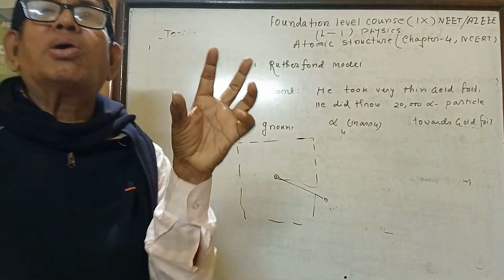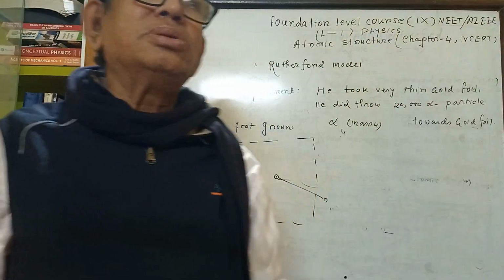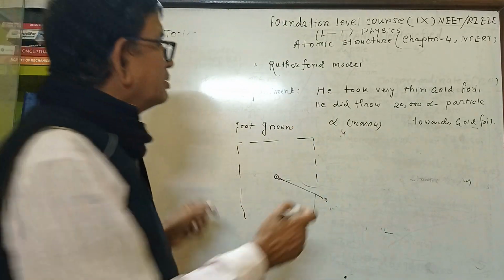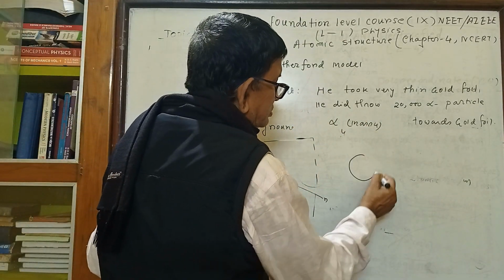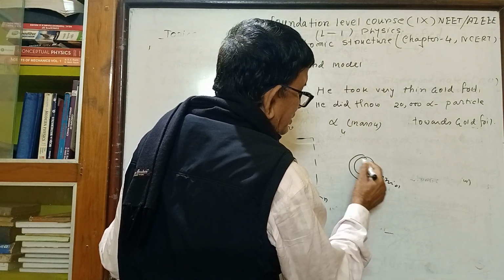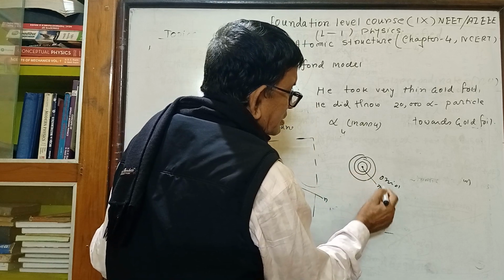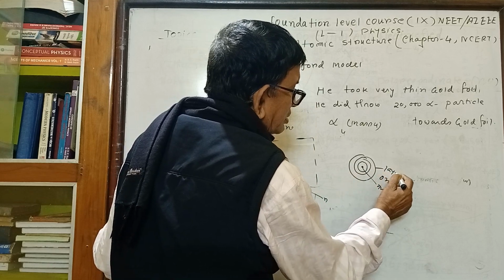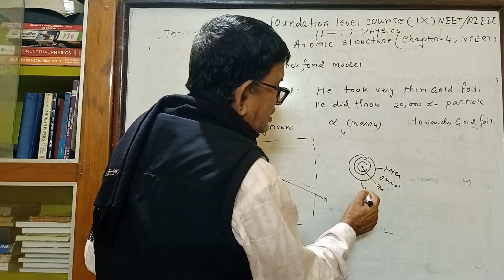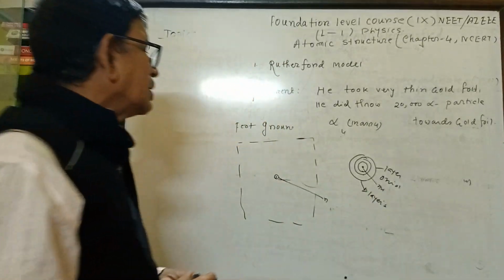Or you can imagine an onion. If you peel the layers of an onion, you will reach a white portion in the middle. Different layers are there, and this is the nucleus, and these are the layers of the onion. These layers are our orbits. Clear?